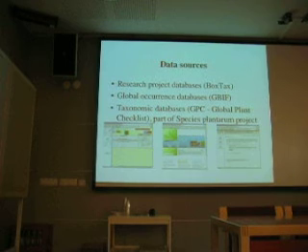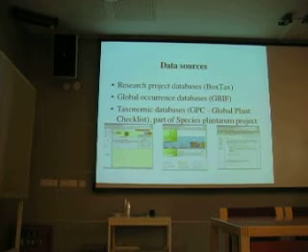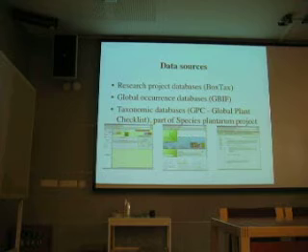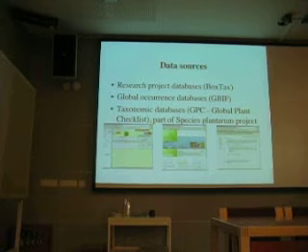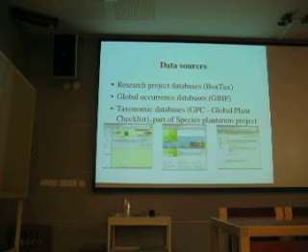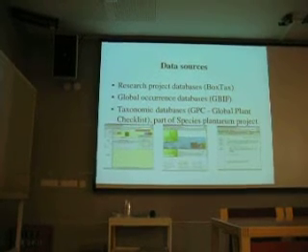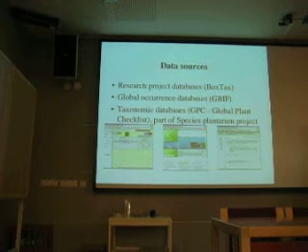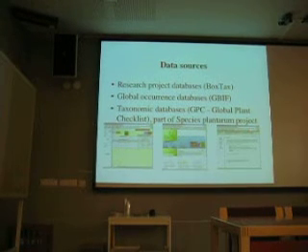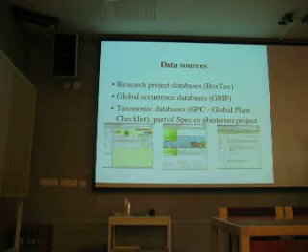And we also have a global taxonomic database like the GPC, the Global Plant Checklist, which is part of the new Species Plantarum project.